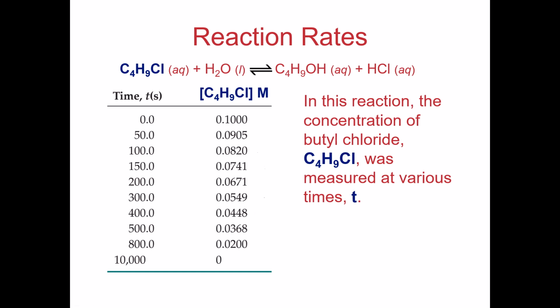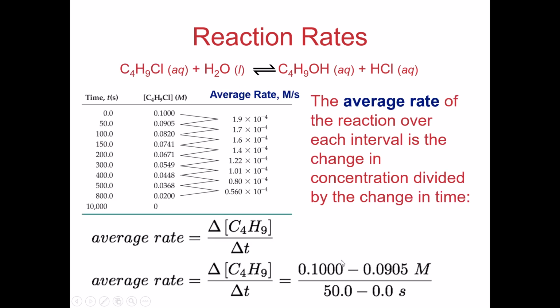It just shows that our concentration of our reactant is decreasing as time increases. When we take the difference between the concentrations over the time, that tells us the rate information. So over the first 50 seconds, we can see the change in concentration, and we can take a ratio of change in concentration over change in time will tell us the rate of that 50 seconds.